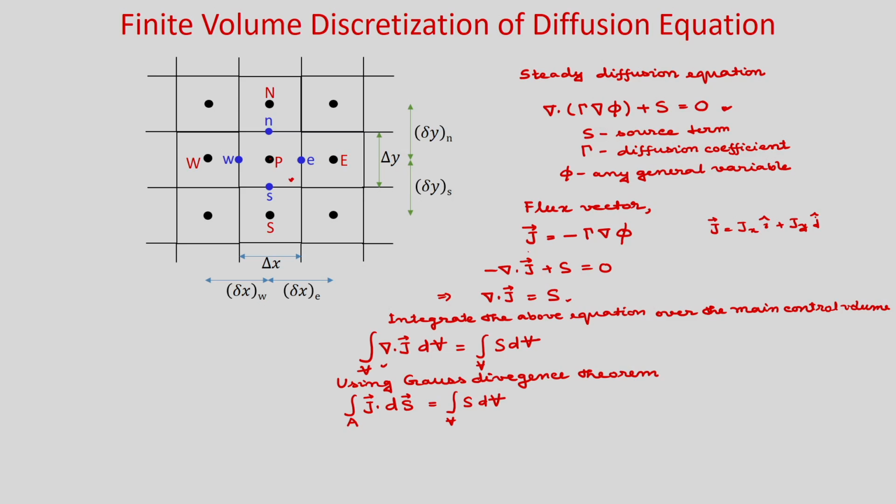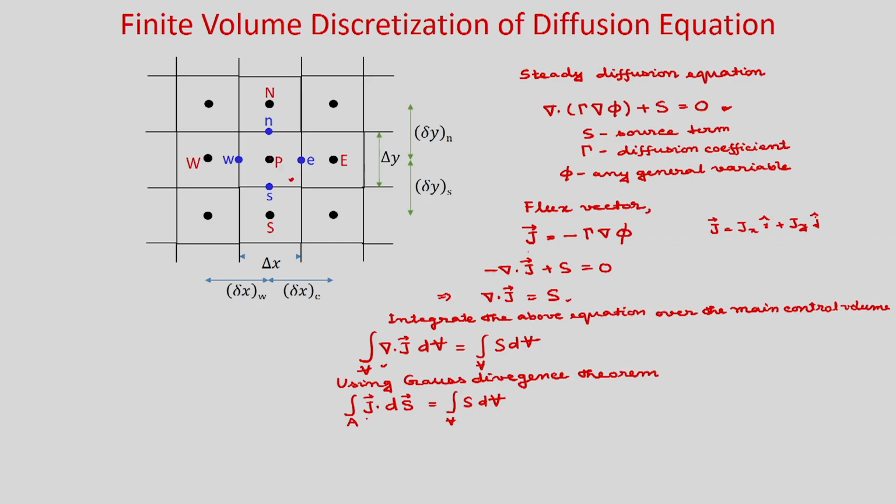So, you can see that up to this point during the integration we have not made any assumptions, but now we have to make some assumptions because J we have to integrate over the faces, okay, of the control volume. So, but at each point the value of J is not known. So, we will use some assumptions.